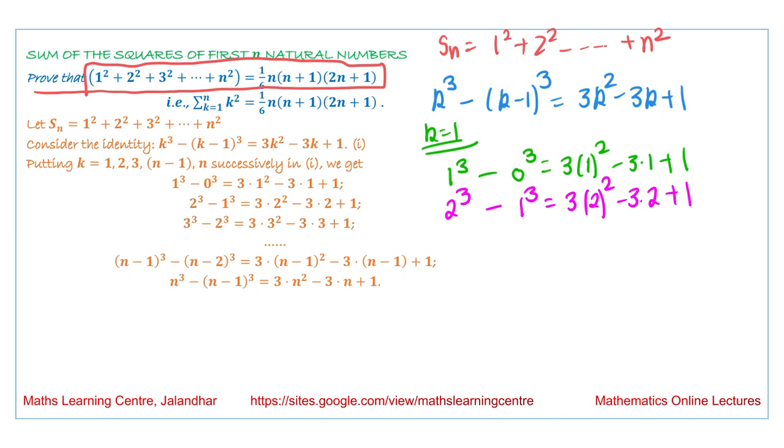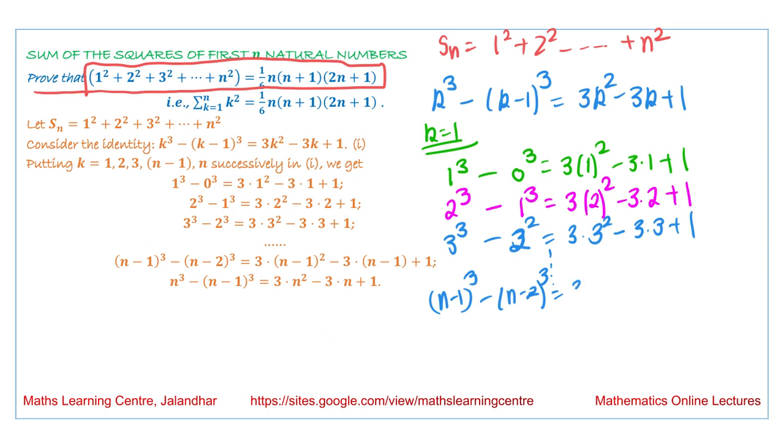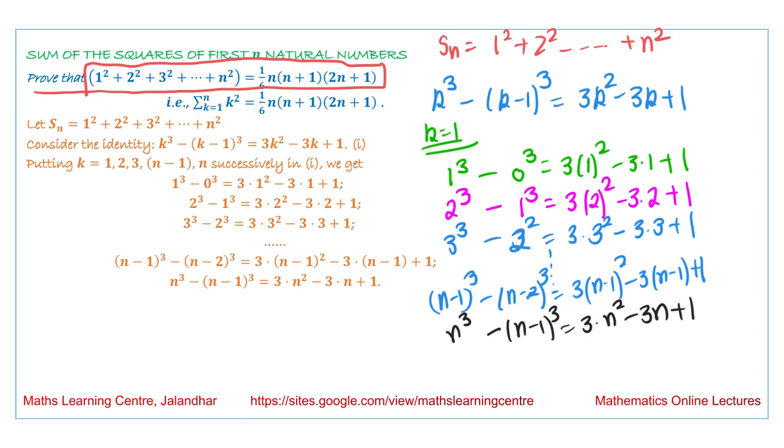Next, for 3, it is 3 cube minus 2 cube equal to 3 into 3 square minus 3 into 3 plus 1. Likewise if we continue, we have (n minus 1) cube minus (n minus 2) cube equal to 3 into (n minus 1) square minus 3 into (n minus 1) plus 1. In the last term we have n cube minus (n minus 1) cube equal to 3n square minus 3n plus 1.